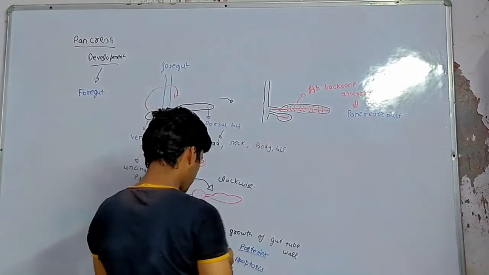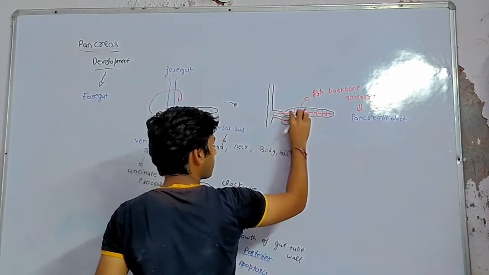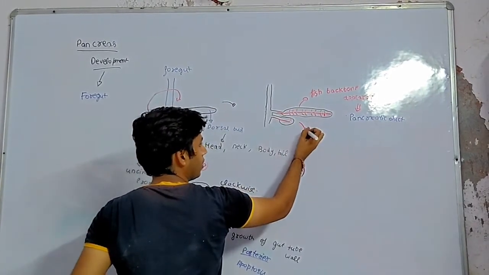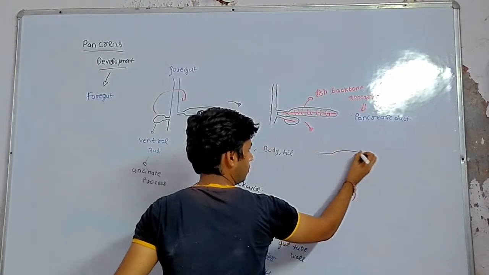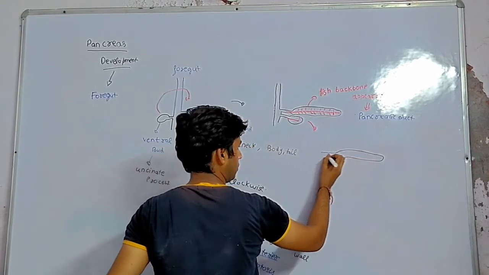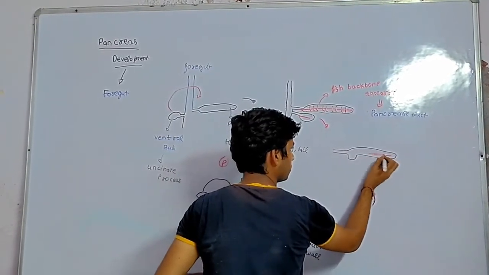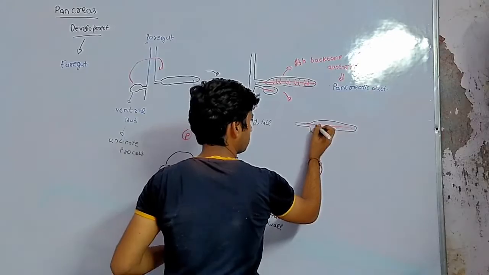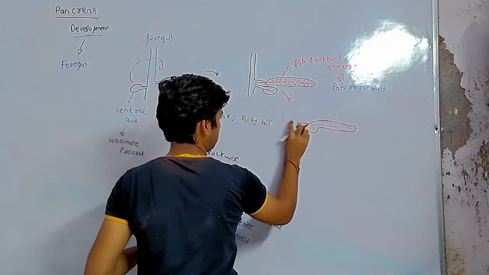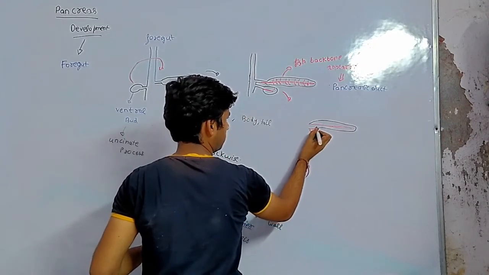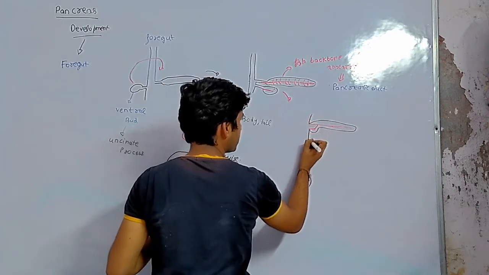Then after this, the duct of the uncinate process and the duct of the pancreatic head combine. Both buds combine and form the complete pancreas like this. And here is the duct, the duct of the pancreas. This duct opens into the gut tube, the duodenum. Basically, this is the duodenum.